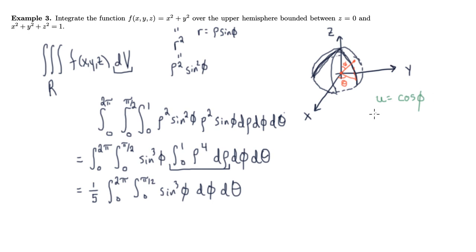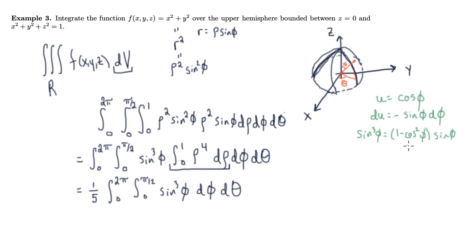Well, first of all, notice that du is negative sine phi d phi. But also notice that sine cubed I can write as 1 minus cosine squared phi, so in other words, sine squared, times sine of phi.